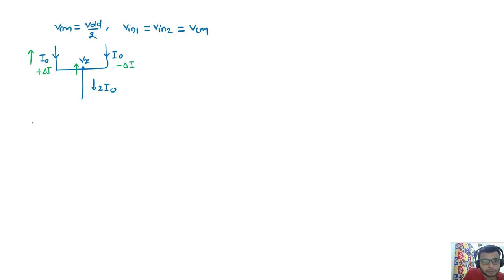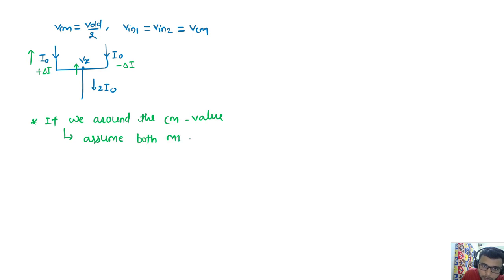If we are around the common mode value, we assume both transistors M1 and M2 are in saturation, just from the analysis point of view, taking that small region.